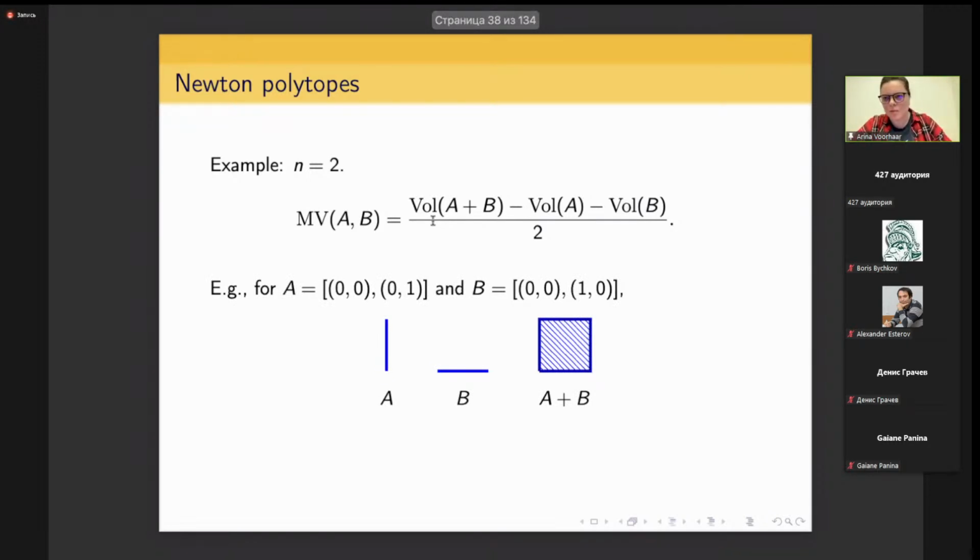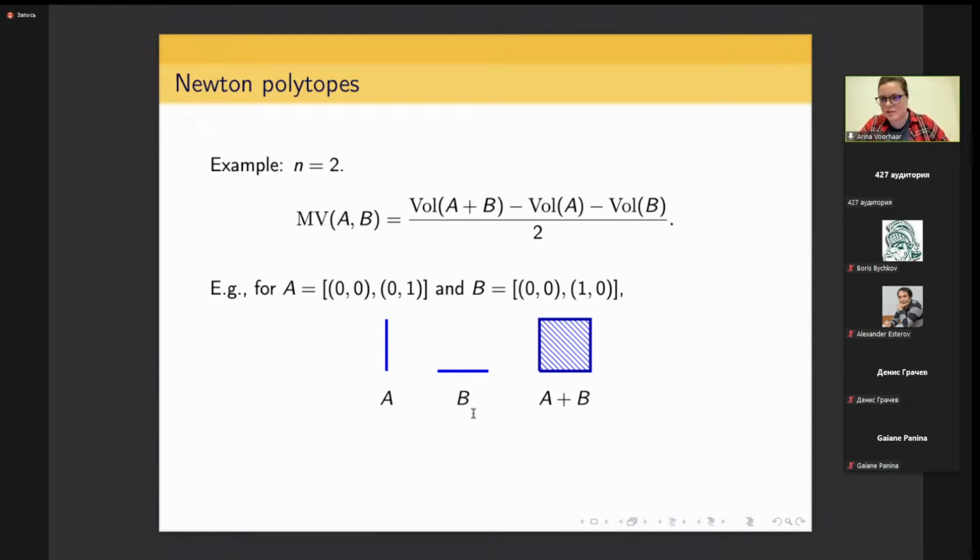Here is a little example. Suppose we consider A and B some unit intervals, then their Minkowski sum is a unit square.